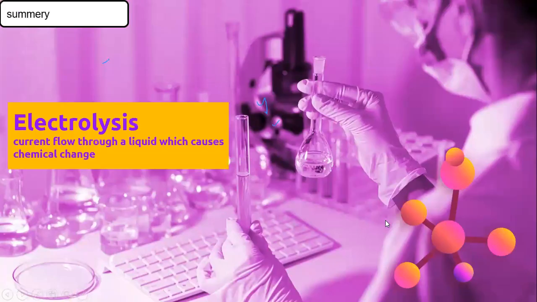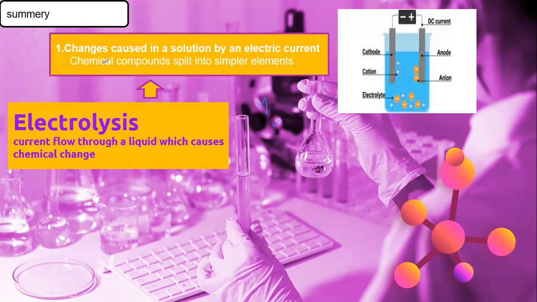Right. So here in this lesson, first of all, we learned what is electrolysis. After studying what is electrode and electrolyte, we learned what is electrolysis. So electrolysis is a current flow through a liquid which causes a chemical change. And then we studied the changes caused in a solution by an electric current.